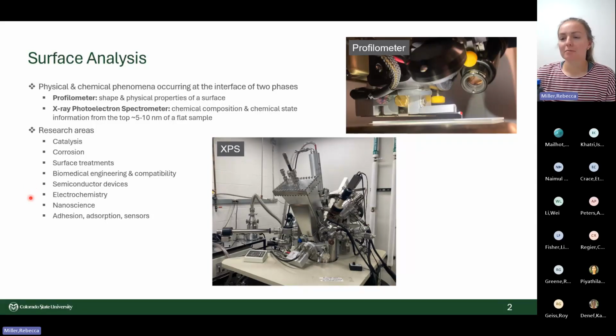Electrochemistry is a very broad term, but a lot of people doing battery work come through and are trying to see how the surface of their electrodes age as they cycle batteries, for example. So basically solid dry samples are what we look at, but this can vary in a number of different areas.